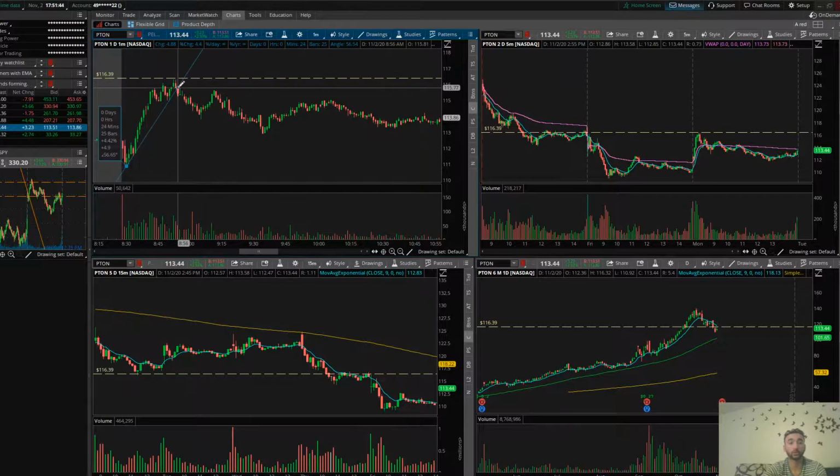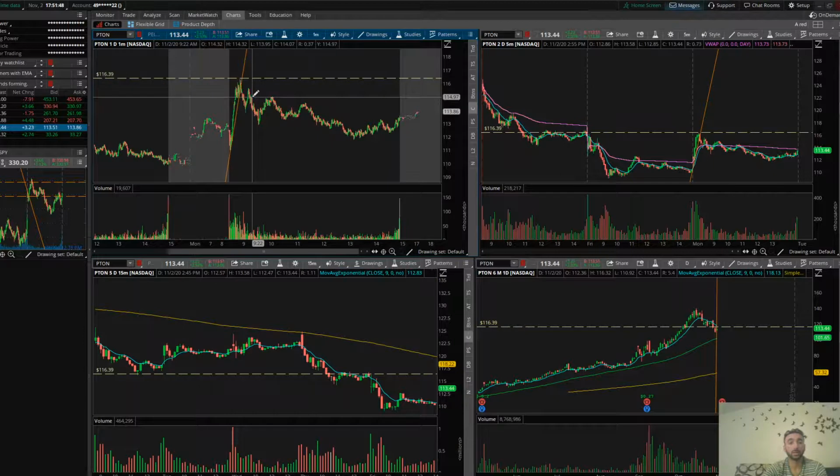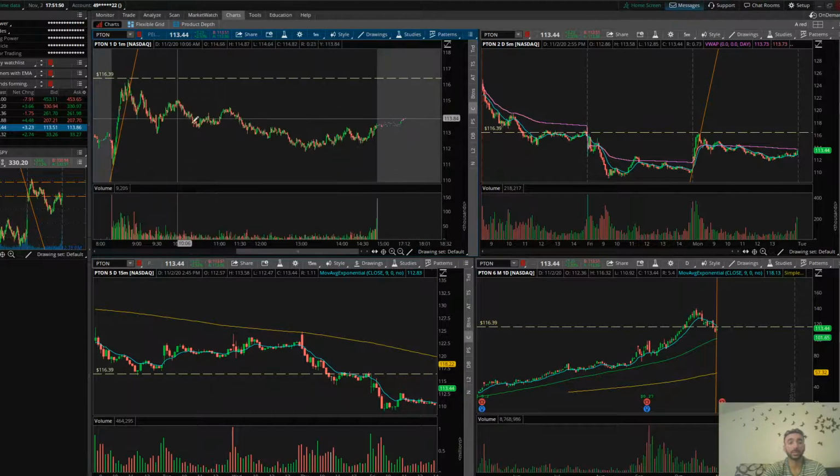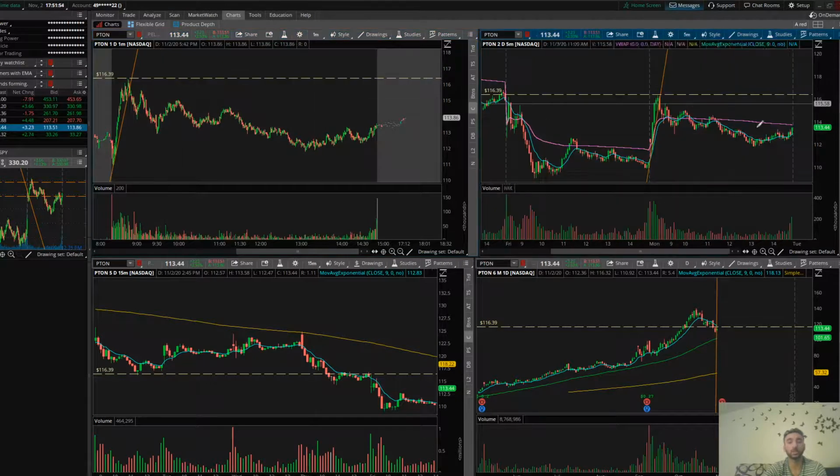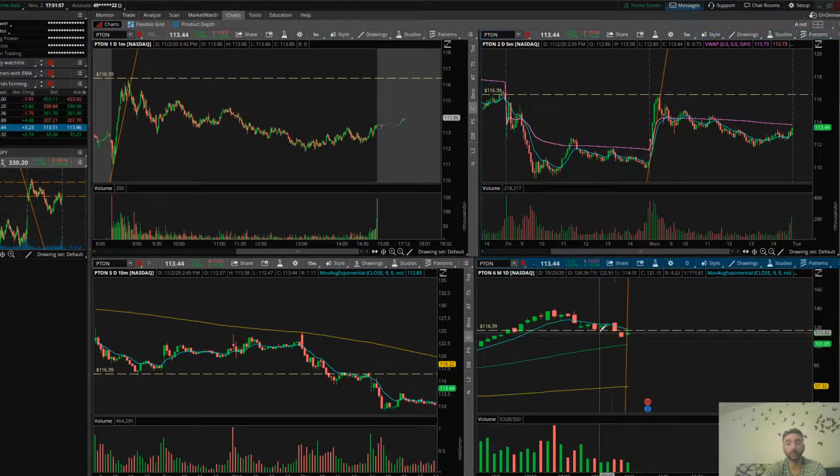So you can just go and short right here. And look at the risk reward, it's amazing, right? And if it goes above, you can just get out and then look for another short opportunity, because most likely, look at how it's below the moving average. It's very hard for the stock to just keep going up after this huge sell-off.